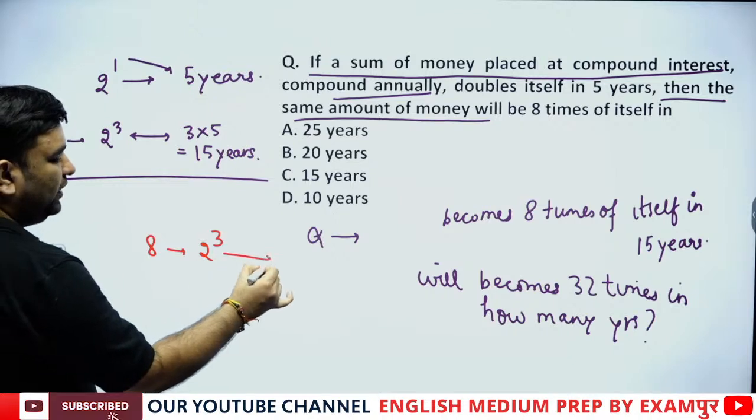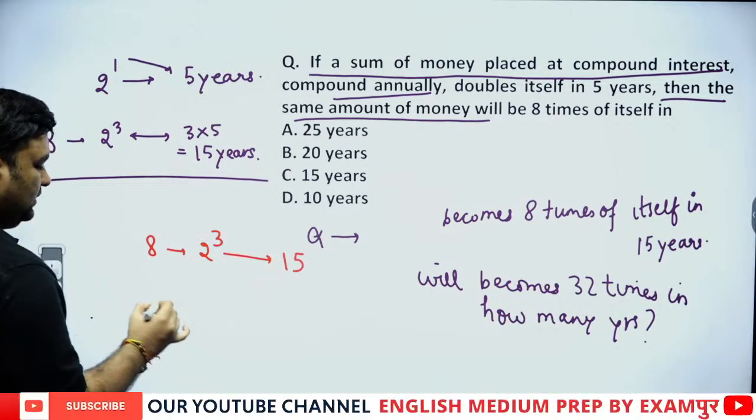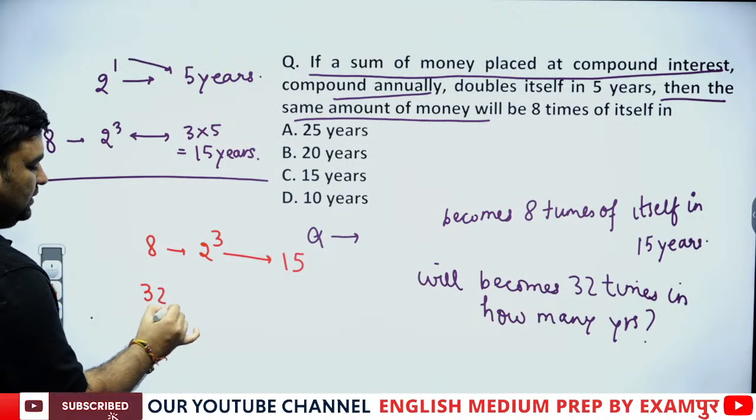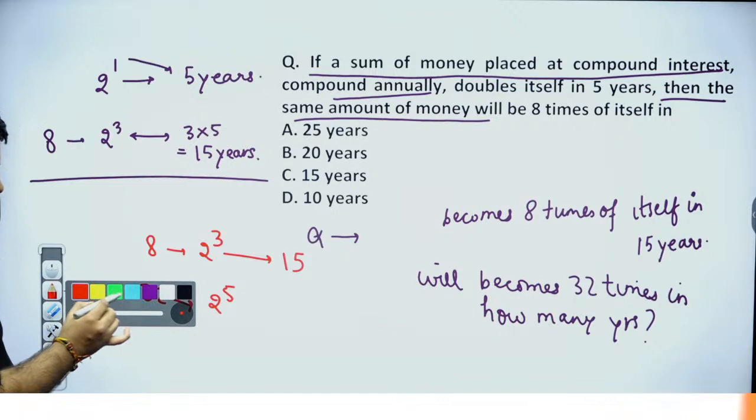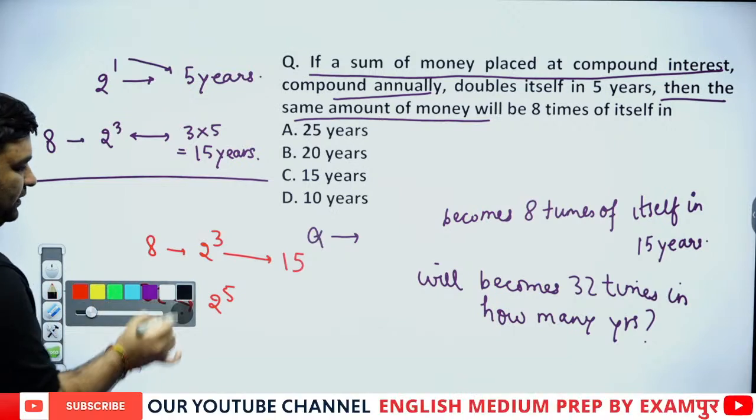So if 2 cube in 15 years, then 32 means 2 power 5.